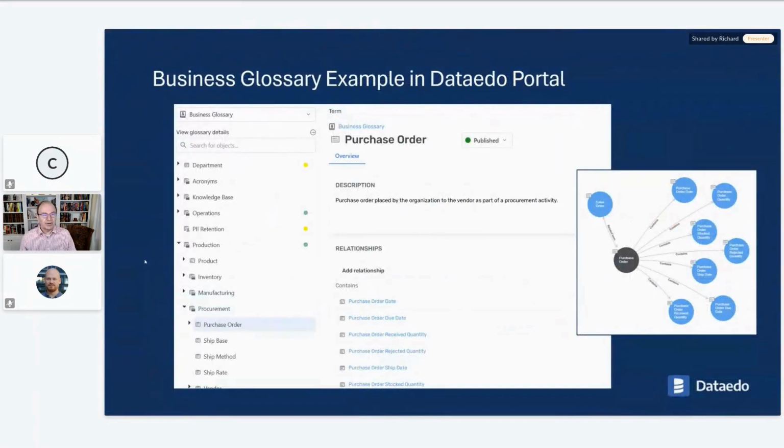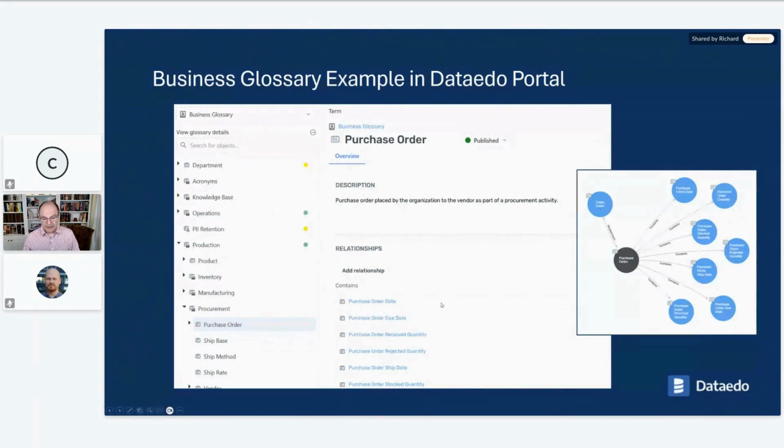So here's an example of what an entry looks like for the business glossary in Dataedo. The entry, of course, is the term purchase order, and we have its definition right there, a reviewed and accepted definition that people in the organization can now agree on: when we say purchase order, this is what we mean.